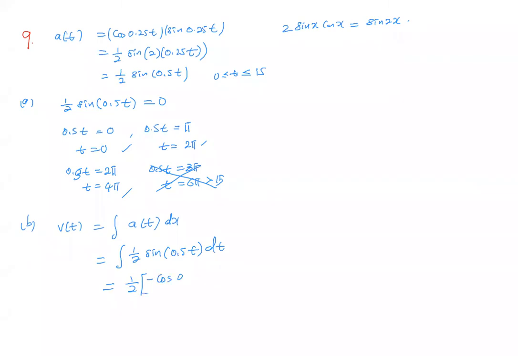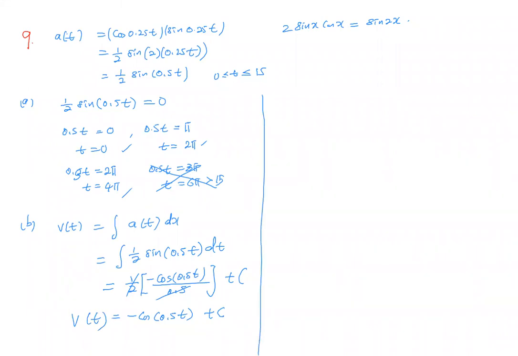Yeah. Then you have to divide by 0.5, then plus C. 0.5 divided by 0.5, this one cuts off, right? So you got negative cos 0.5t plus C. That is your v(t). So now you need to find your C. So how to find your C?